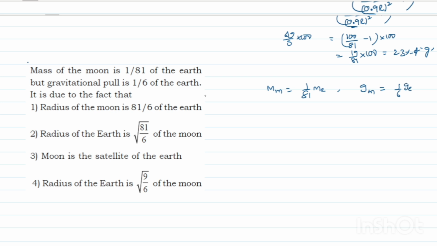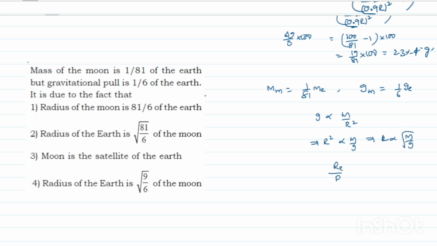They are asking for the radius. g is directly proportional to m by r square, so r square is directly proportional to m by g, and r is directly proportional to the square root of m by g.